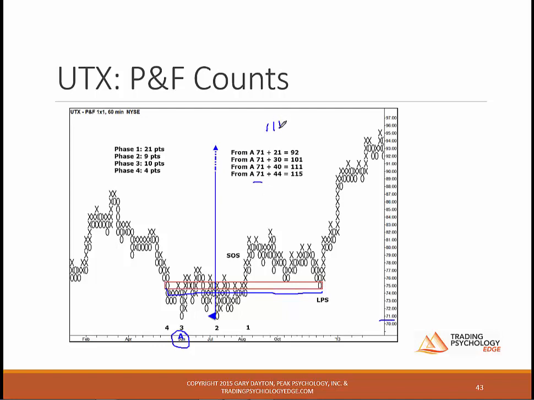That's the conservative count on this chart. If the market tells us that this is okay, we can also add that 44 to 75. This is the 75 line. We added it first to 71.